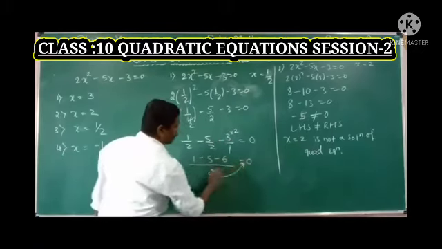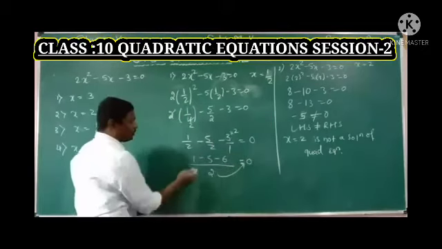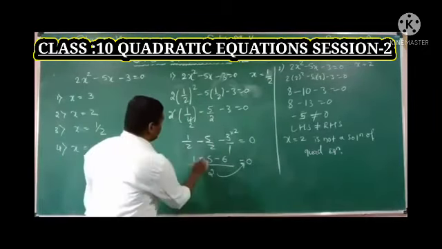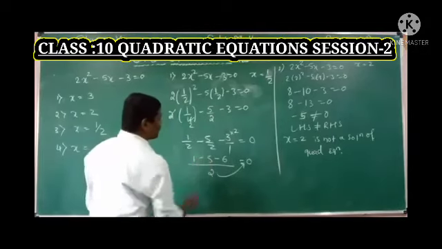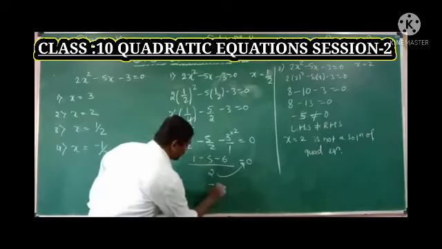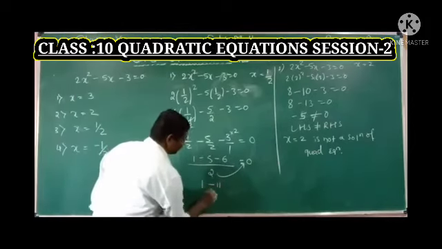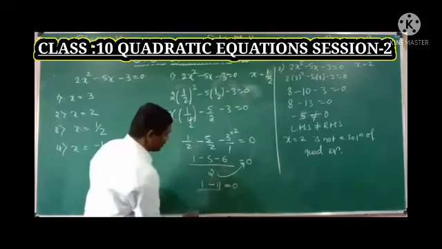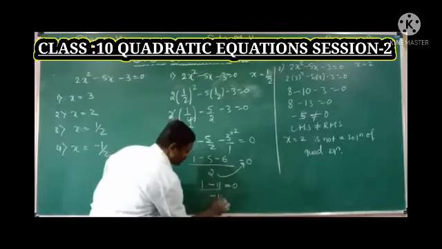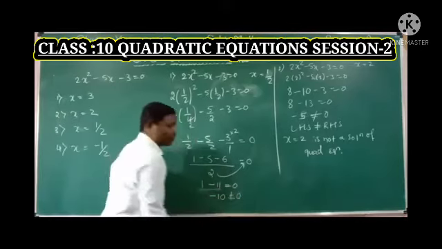Just cross multiply. 0 into 2 is 0. Now minus 5 minus 6 is minus 11 plus 1, right? This is equal to 0. So minus 11 plus 1 means minus 10 which is not equal to 0.